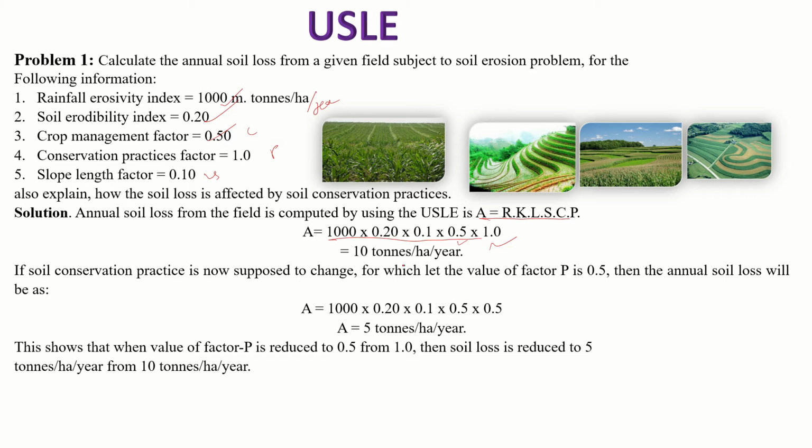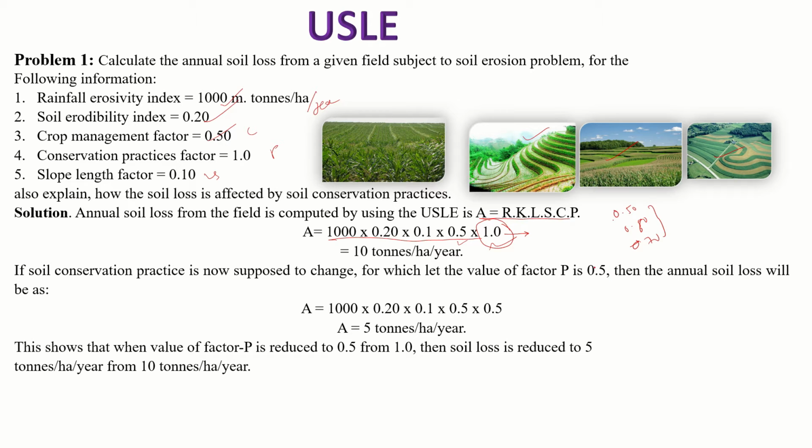Now see, a conservation practice value of 1 means no practice has been followed. If you follow contour farming, strip cropping or terraces, the value may be taken as 0.60, 0.50, 0.70 or even less.